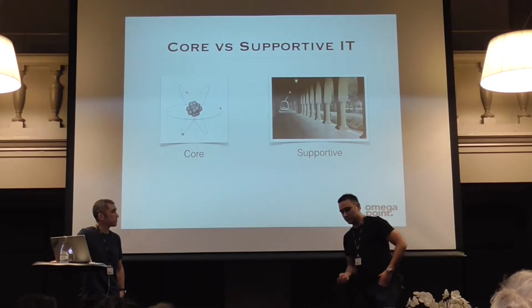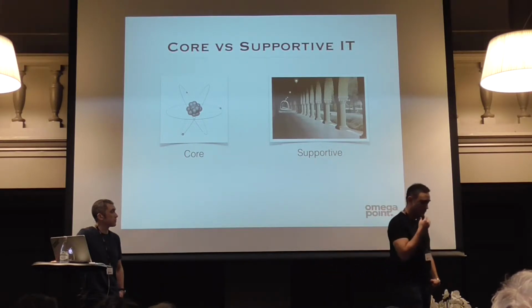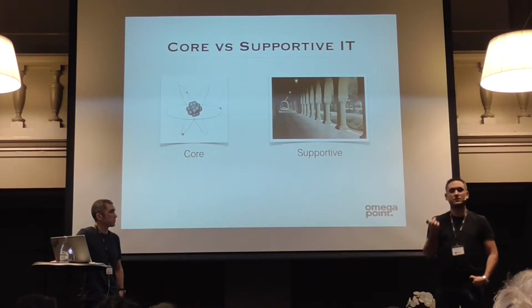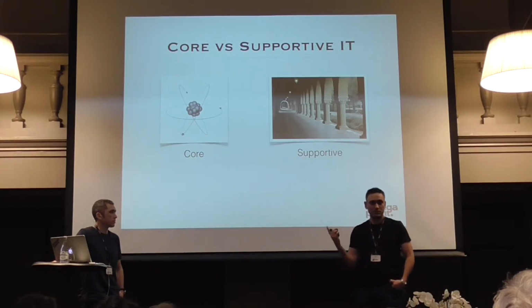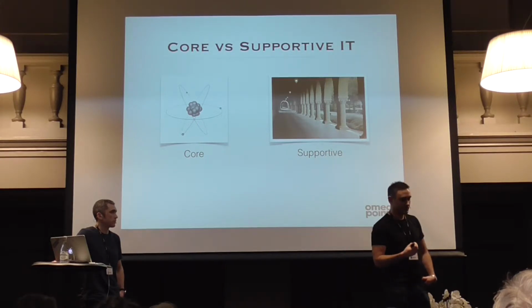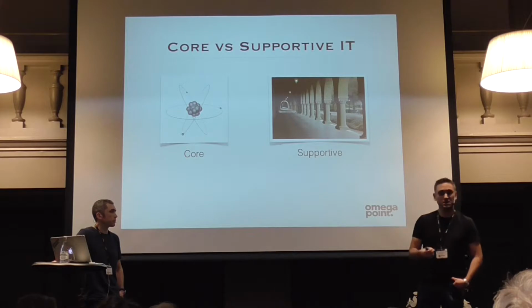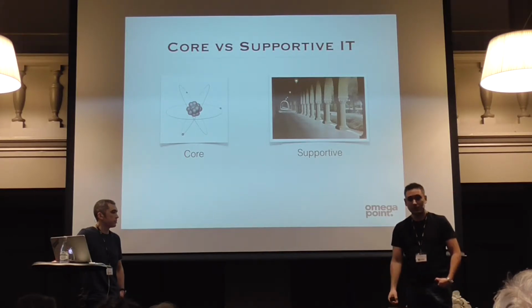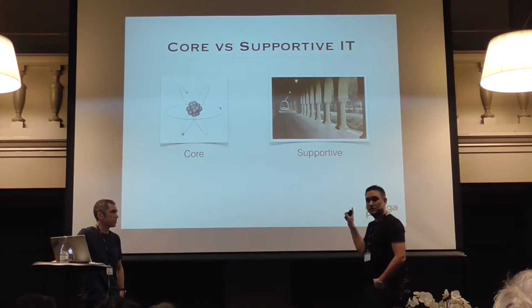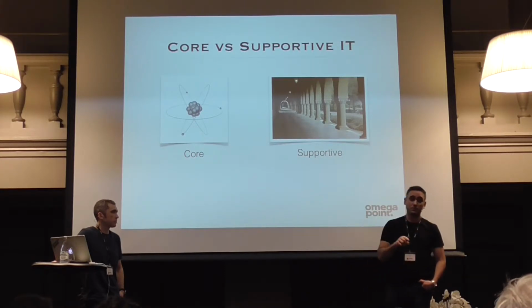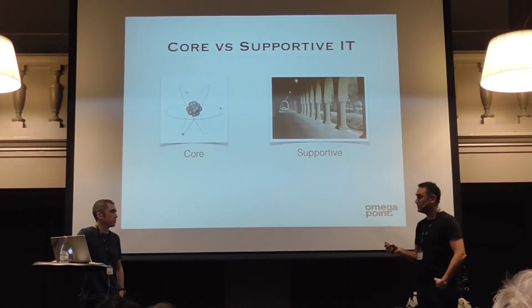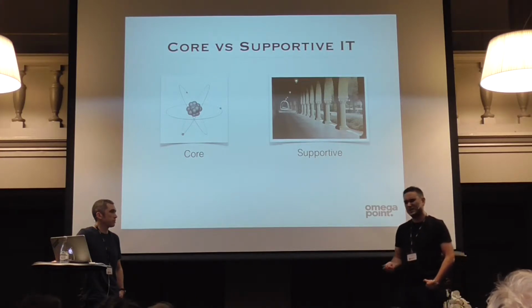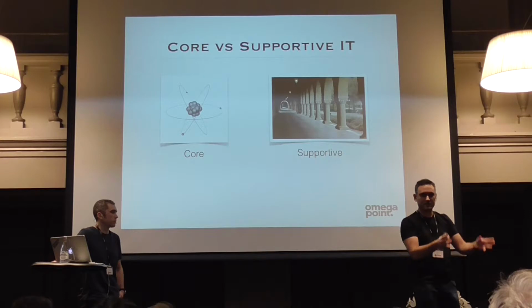Nonetheless, when you start looking at continuous delivery, it's also important to understand how the organization views IT. If you're in a business where IT is the core domain, then it's really simple. Everybody understands that continuous delivery is probably the way to go. Implementing that is a piece of cake. However, if you're in an organization where IT is looked upon as supportive, then you're in trouble. Because then you need to convince them to implement continuous delivery. And they go like, we're doing this and that's the important stuff.